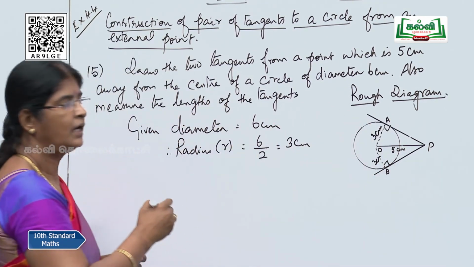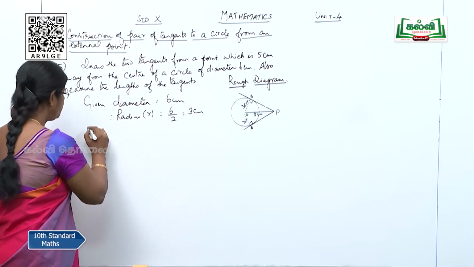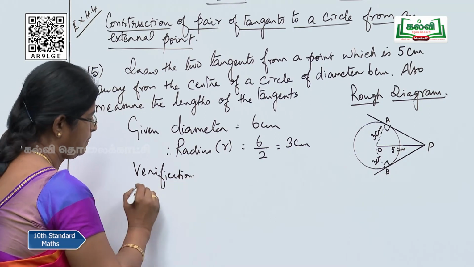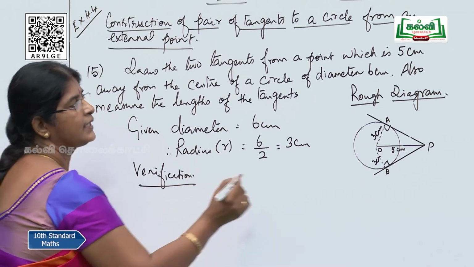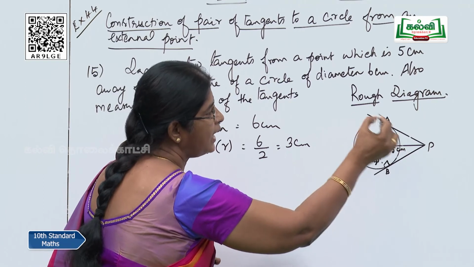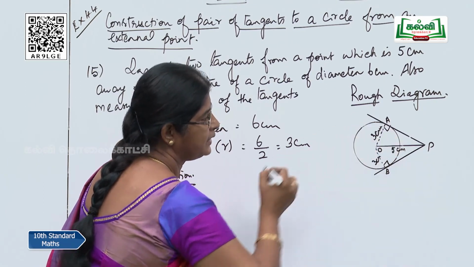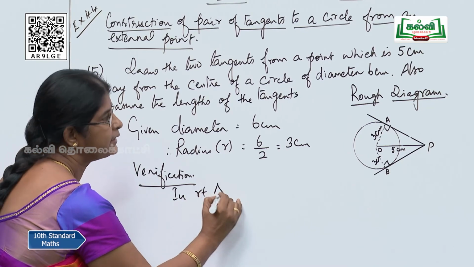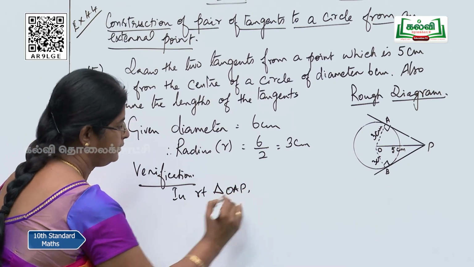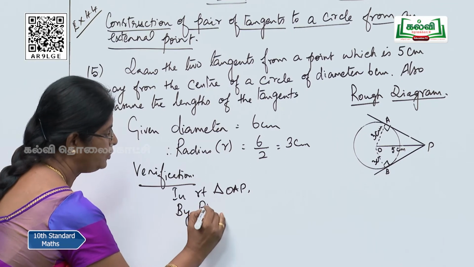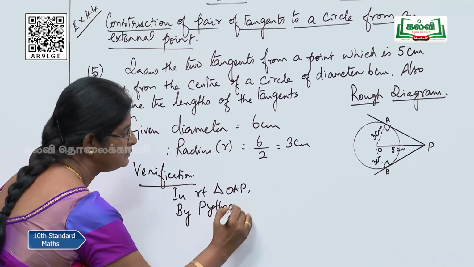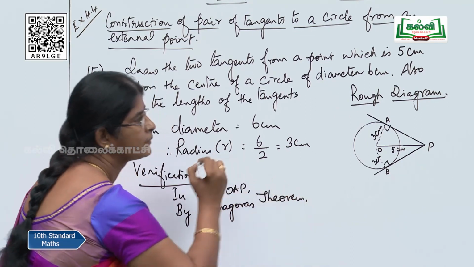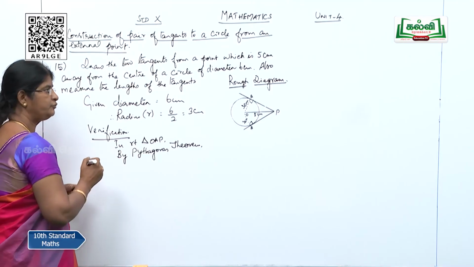Now same way, after writing the construction, we are doing the verification. In a right angled triangle, here also the radius and the tangent both are meeting at an angle of 90 degree. So in right angled triangle OAP, by Pythagoras theorem, we want to find out the value for PA, no?